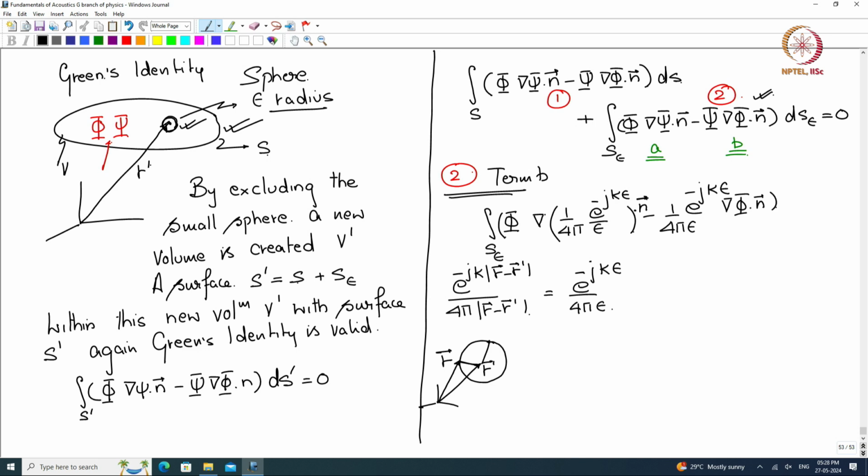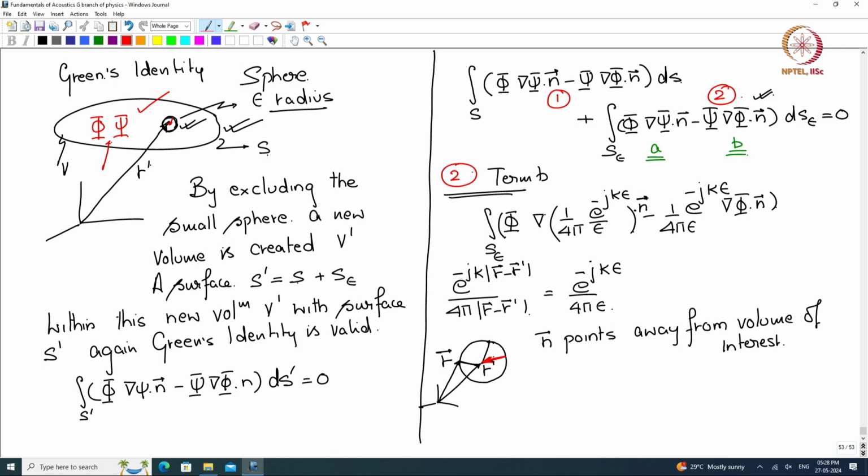Now we said n is the normal, and it points away from the volume of interest. In here it points inward, since I am interested in this area.